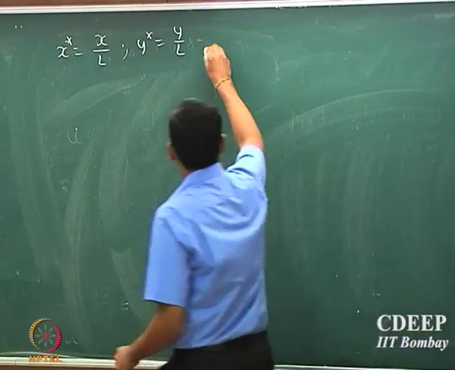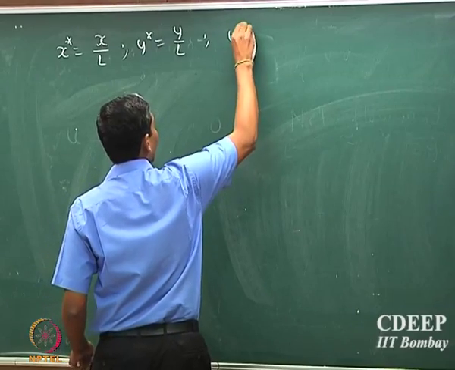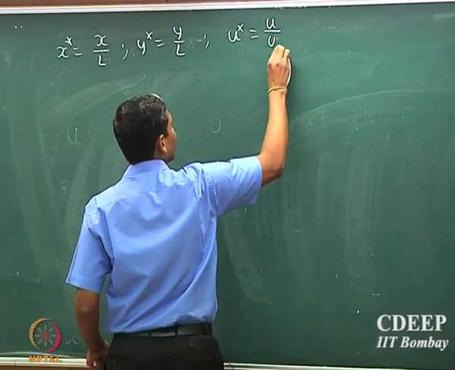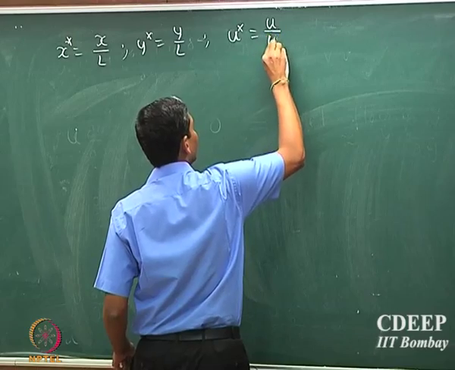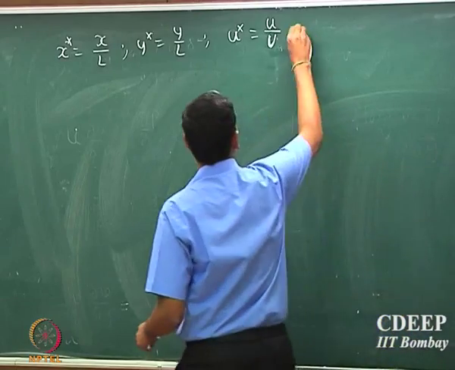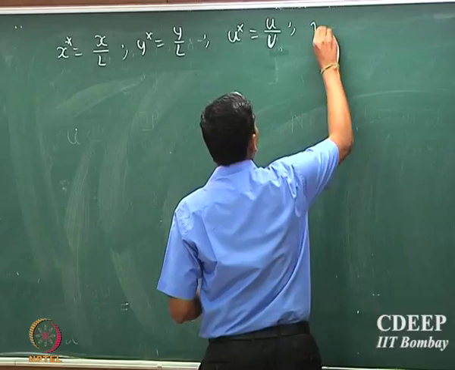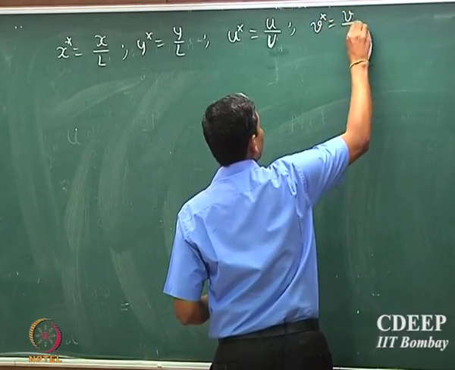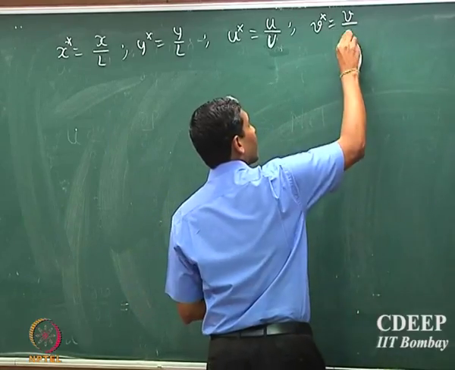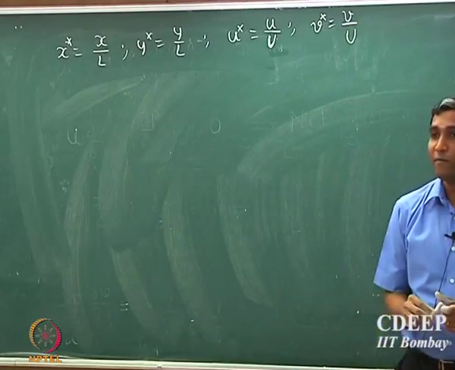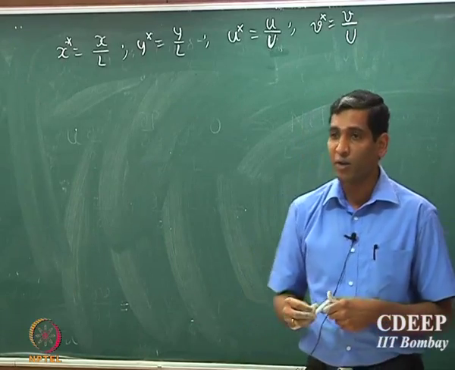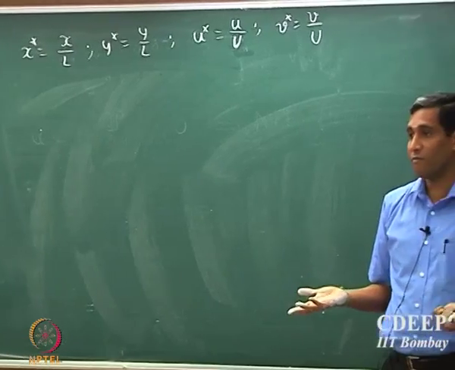Then I scale u star, the x component velocity, divided by the free stream velocity, capital U. And if I say v star is v by capital U, okay. So, I use the same free stream velocity in order to scale the x and y components because that is the only measurable quantity that I have, okay.